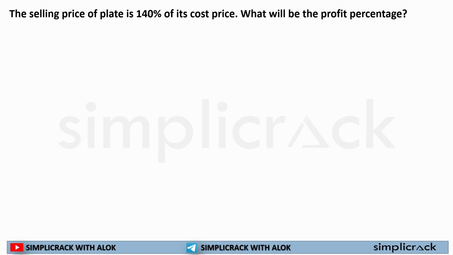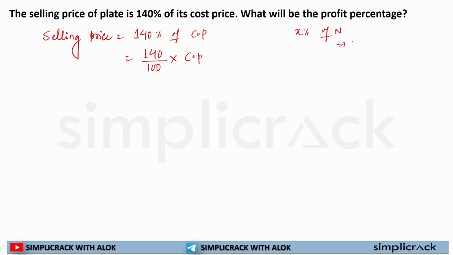The selling price of a plate is 140% of its cost price. Now, selling price is 140% of cost price. I can write it as 140 by 100 multiplied by CP. You know, x percentage of n is equal to x by 100 into n.